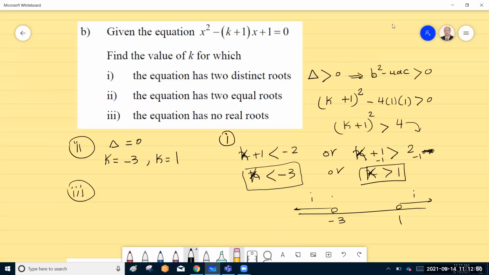And at these points exactly, the equation has equal real roots, or a double real root. In the interval between -3 and 1, the equation has no real roots. This is the answer of number 3. So the k in this case lies between -3 and 1. Thank you. This is the answer.